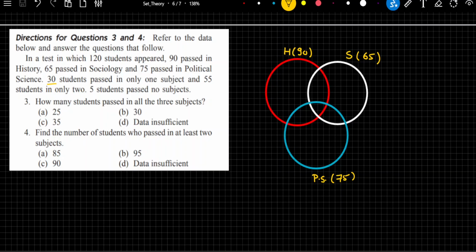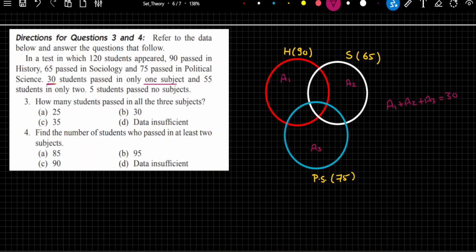So the first thing which I should do is, since I'm given this data, there are 30 students who passed in only one subject. So let me call this area A1, this A2, and this A3. Now as per the question, what I know is the sum of these 3 areas is 30.